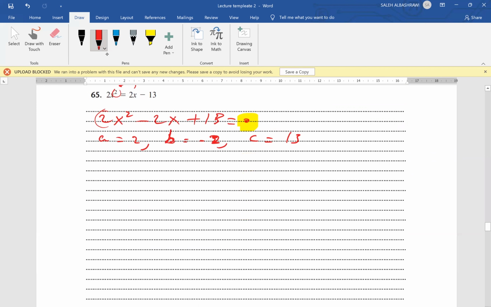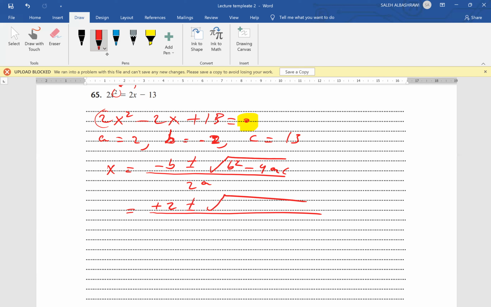So the quadratic formula: x is equal to minus b plus or minus the square root of b squared minus 4ac, divided by 2a, which is equal to minus minus 2, that is plus 2, plus or minus the square root of minus 2 whole squared minus 4 times a equals 2 and c equals 13, divided by 2 times 2.